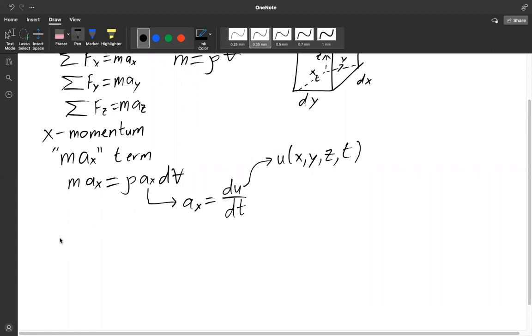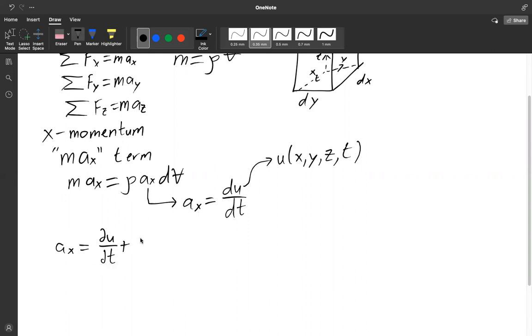Therefore, ax equals partial u partial t plus partial u partial x dx dt plus partial v partial y dy dt plus partial w partial z dz dt.